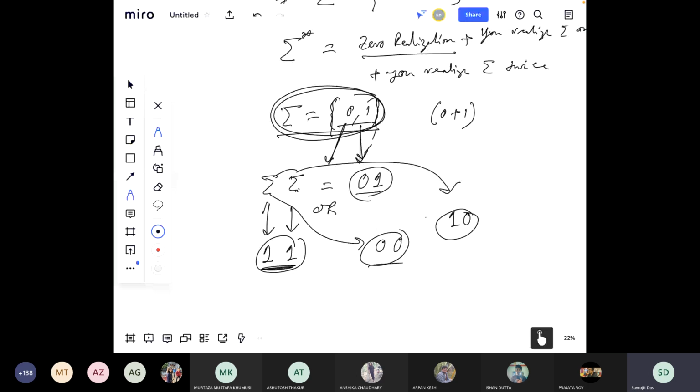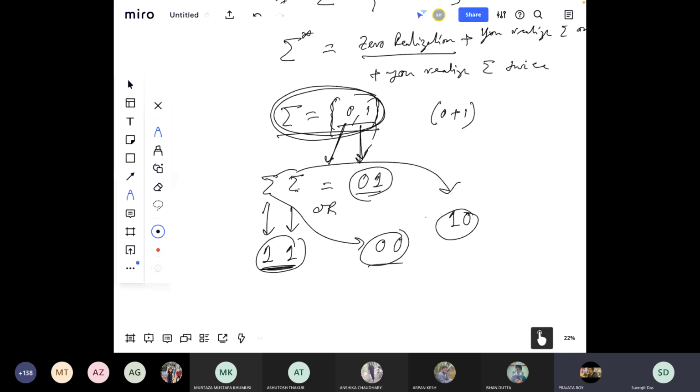So what you say is that if L is a set of strings from sigma star, right? What is sigma star, by the way? A set of all strings possible by combining all symbols of sigma. Sigma is the alphabet. It is finite. It has a finite number of symbols. So just like sigma squared elaborates all these 4 strings, similarly, sigma star means all possible strings made out of all possible symbols of a finite alphabet sigma.